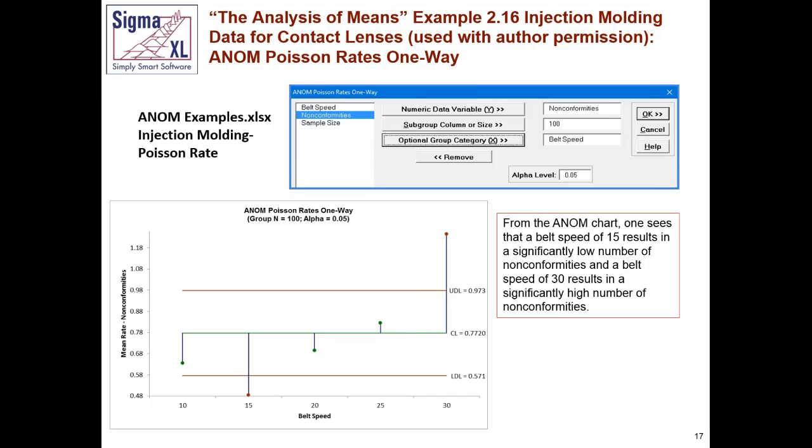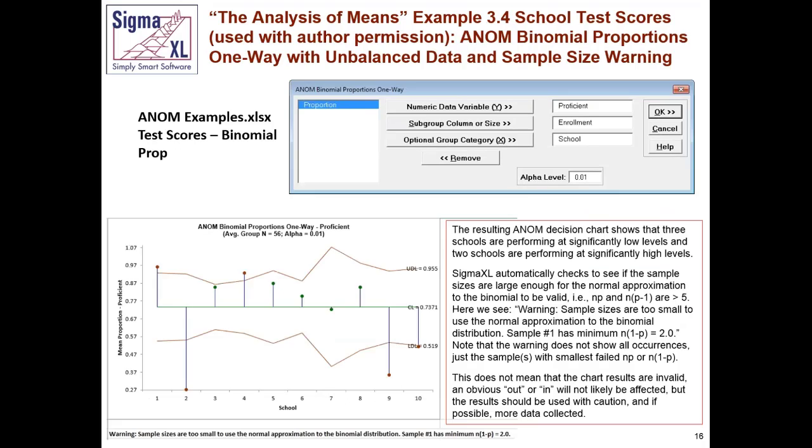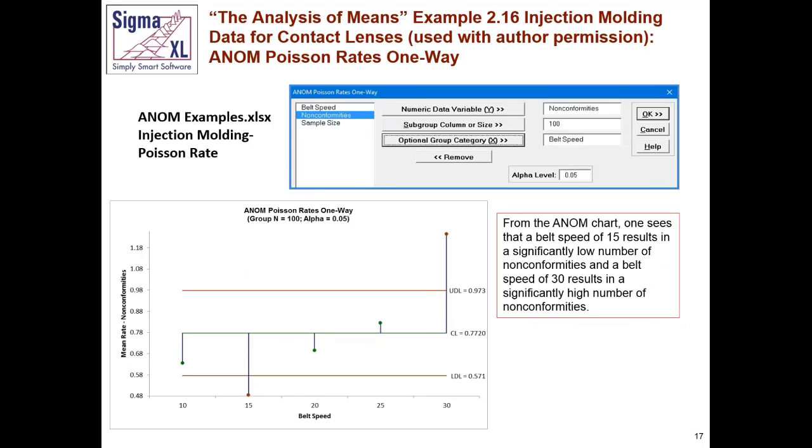In this case, there were no warnings given, so we can conclude that the normal approximation to the Poisson is fine. Okay, so I wanted to include an example that showed the warning message and the varying limits, and then a clean example with the Poisson rates. So that's the one way.